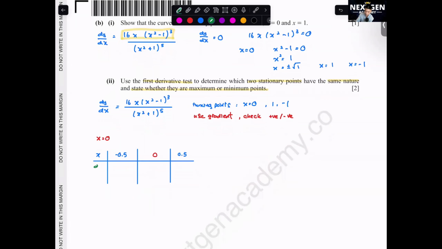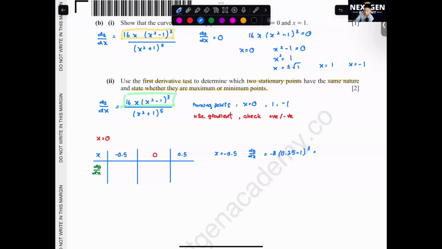What is the dy over dx value for this? We just need to check whether it's positive or negative. If x equals -0.5, what is the dy over dx value? 16 times -0.5, this is -8. We only take the top value, the 16x, x squared minus 1. -0.5 squared will be 0.25. 0.25 minus 1, cubed.